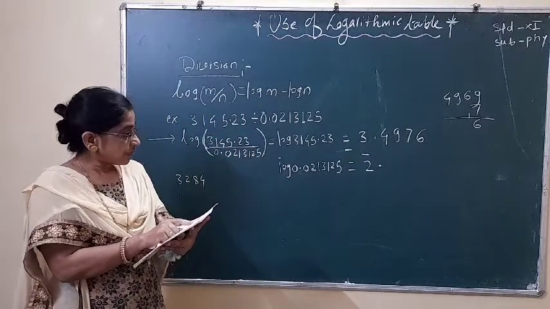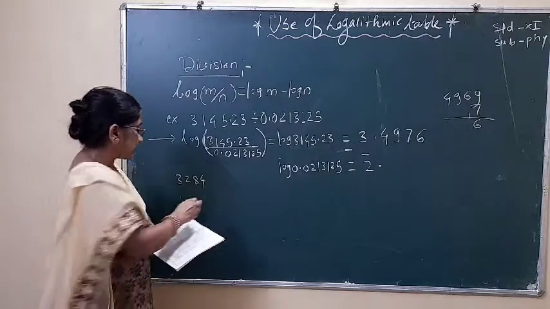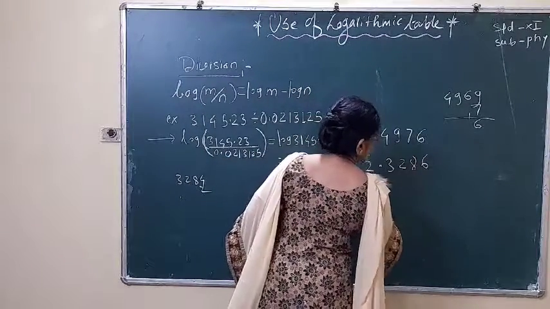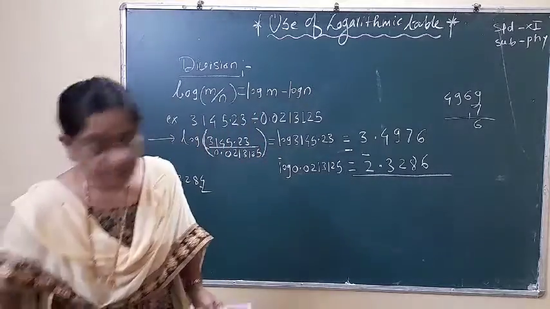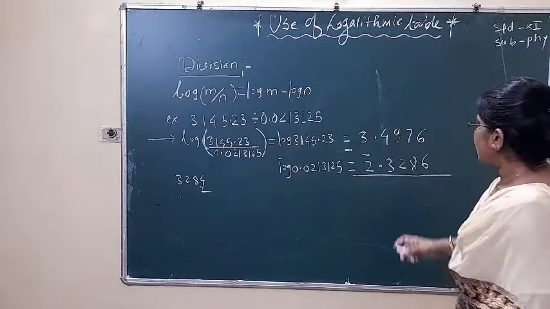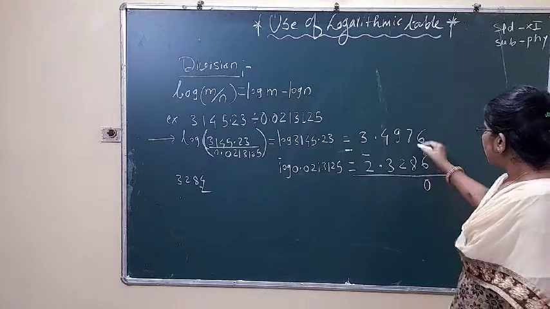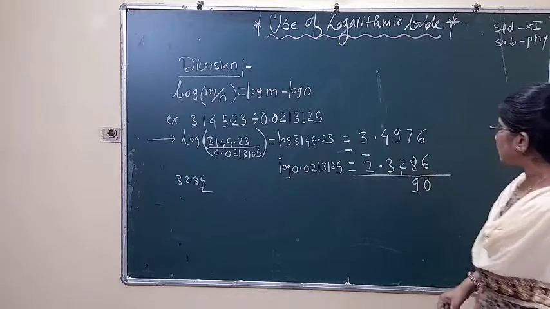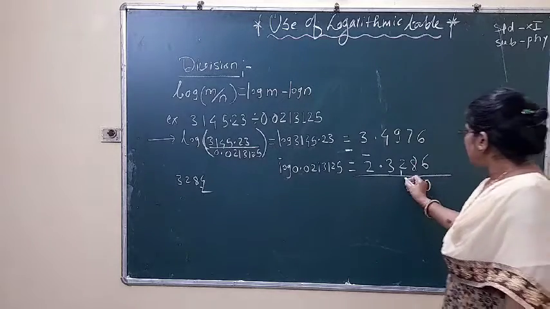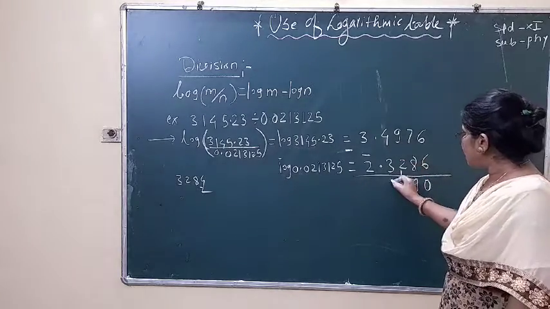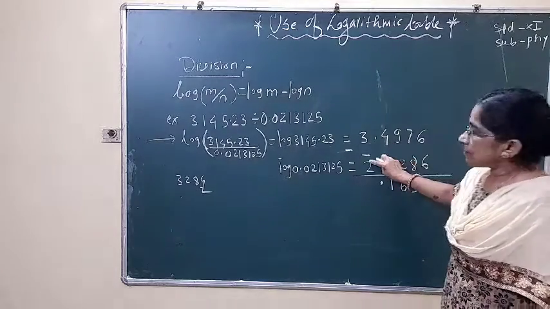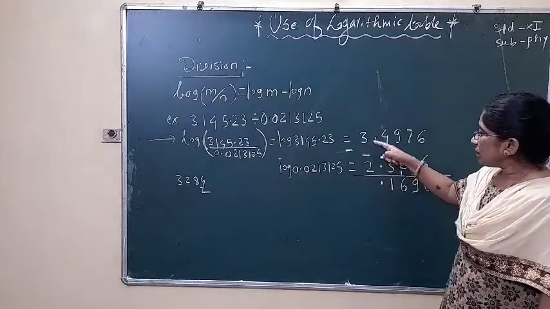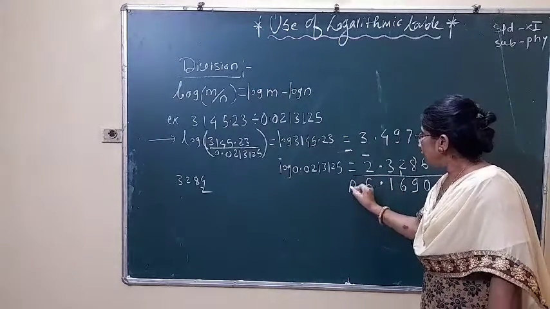By adding we get 3286. Take the subtraction of this. 6 minus 6, 17 minus 8, 9, here 1, 9 minus 3, 6, 4 minus 3, 1, and here the characteristic becomes positive because of the negative sign. 3 plus 2, the characteristic is 5.